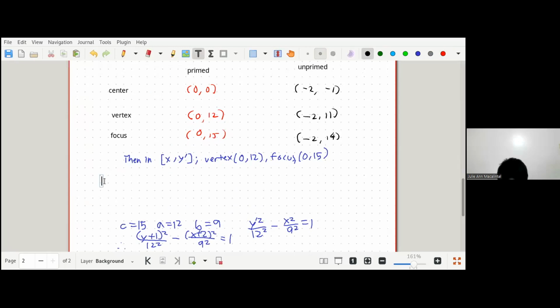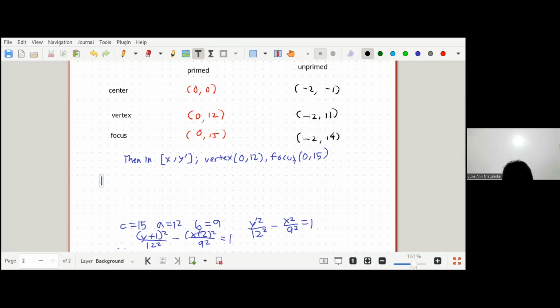So to obtain C, okay, so before you can obtain A, B, and C, what can we conclude from the location of the center, vertex, and focus? Nasaan yung major axis? Or nasaan yung axis nung hyperbola? Nasa ano po siya, nasa Y. Okay.